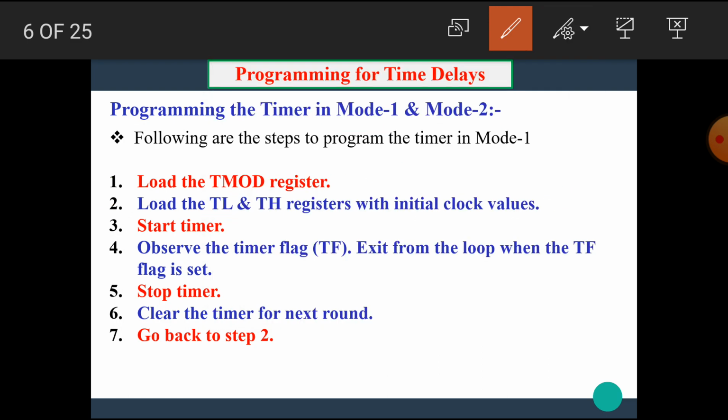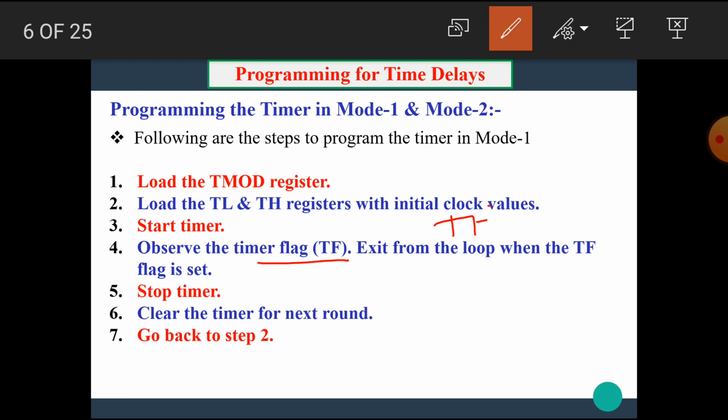After loading the values in TL and TH, we start the timer by setting the bit TR1 or TR0. If we want to start timer 1, then we have to set TR1. If we want to start timer 0, then we have to set TR0. Okay, then the timer starts. After the timer starts, we have to observe the timer flag.